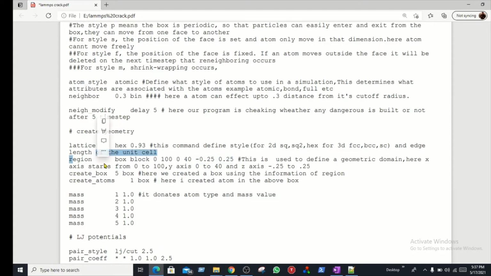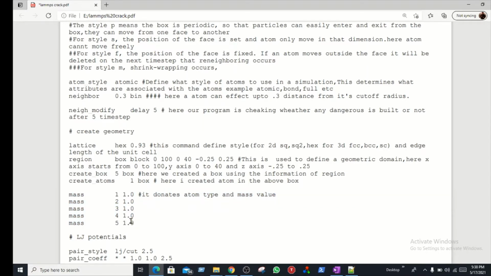After declaring a region, we are going to tell LAMMPS what types of atom we will use in the simulation box. For that we are using the command create box 5. That means we are using 5 kinds of atom. You can see we have already declared that the mass of atom type 1 is 1, the mass of atom type 2 is 2, the mass of atom type 3 is 1, atom type 4 is 1, and the mass of atom type 5 is 1.